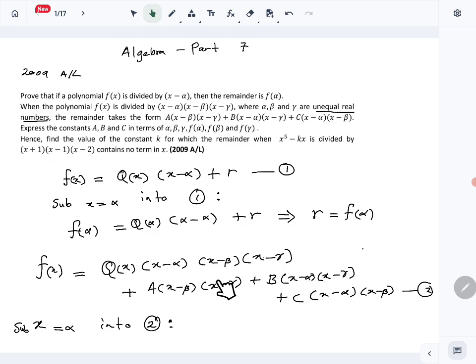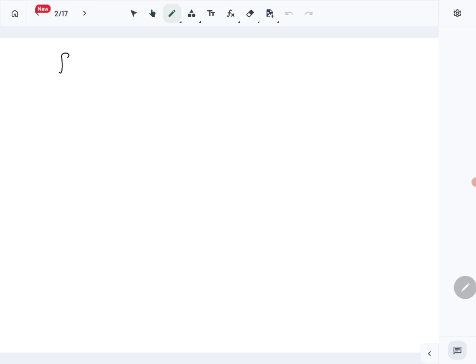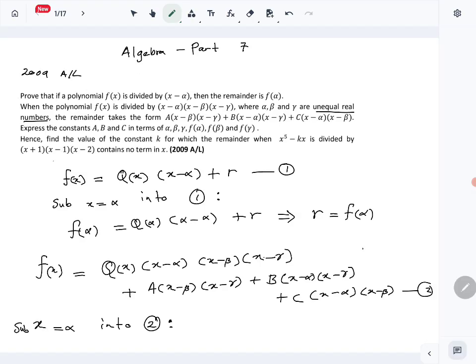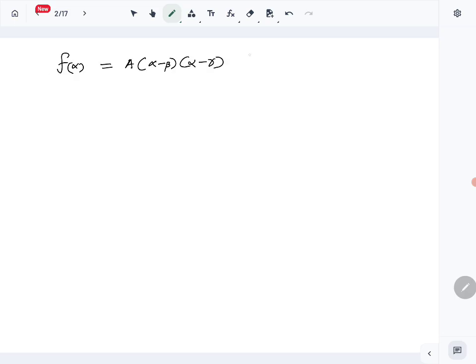So only this second term is left. So what do you get? f(alpha) equals a(alpha minus beta)(alpha minus gamma). Then from that you can find a. So we have an expression for a. a is f(alpha) over (alpha minus beta)(alpha minus gamma).